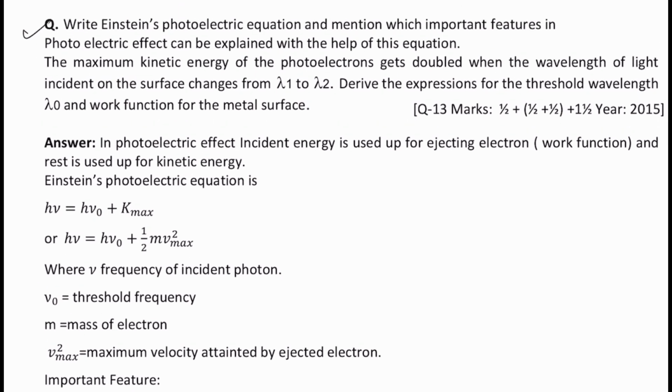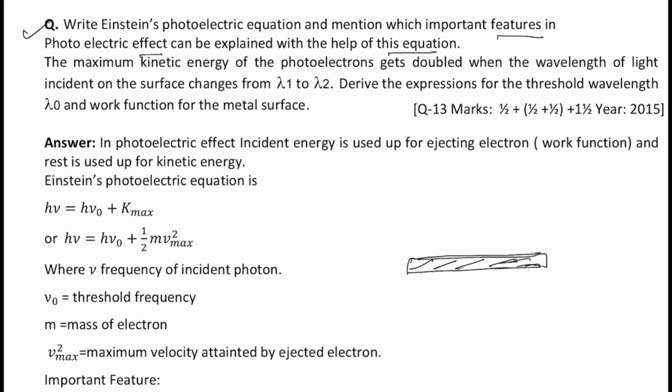Write Einstein's photoelectric equation and mention which important feature in the photoelectric effect can be explained with the help of this equation. So what is the photoelectric equation? As per Einstein's photoelectric equation, suppose we have a metallic surface here.